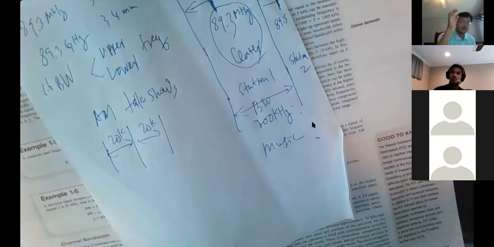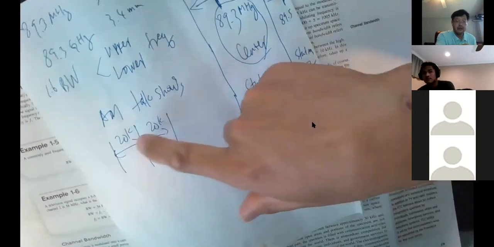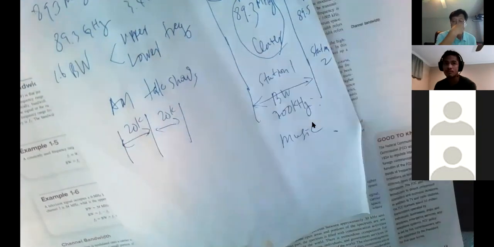In order to transmit all the details of the music, we need that bandwidth. For AM stations, we're only interested in talk shows. We only want to make ourselves understandable, like in this Zoom meeting. So each station will have a much narrower bandwidth.